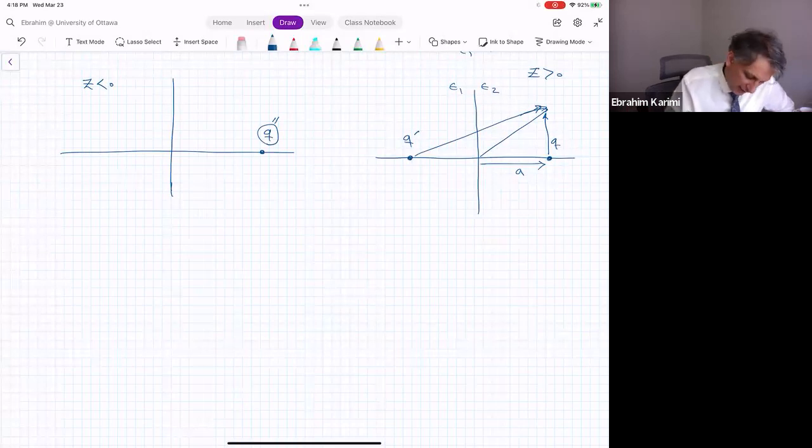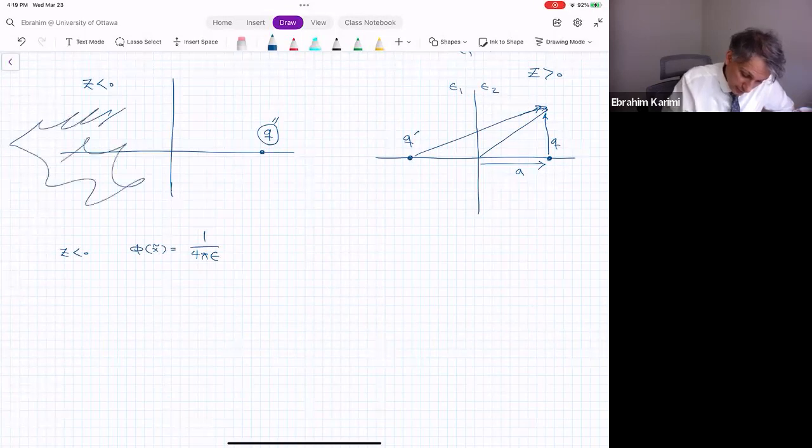Then for z smaller than 0, the potential of x is given by 1 divided by 4 pi epsilon 1, because we are talking about this region, Q second divided by x minus that distance, which is a along the z direction.